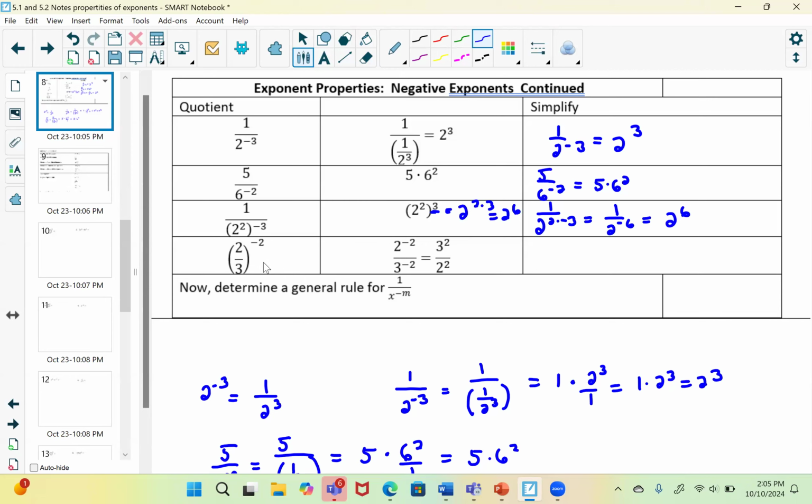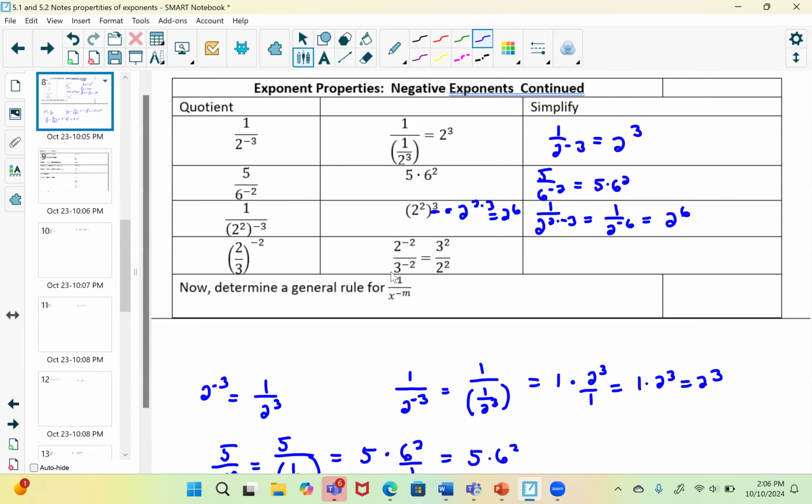Okay, the hardest one will be if I have a fraction to a negative exponent. If I have a fraction to a negative exponent, we would raise the 2 to the negative second and then the 3 to the negative second. And then, anytime we have a negative exponent, we can move it to the denominator and make it positive, and anytime we have a negative exponent in the denominator, we can move it to the numerator and make the exponent positive. Now this is just for exponents.